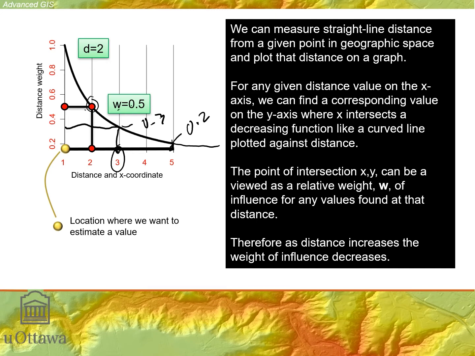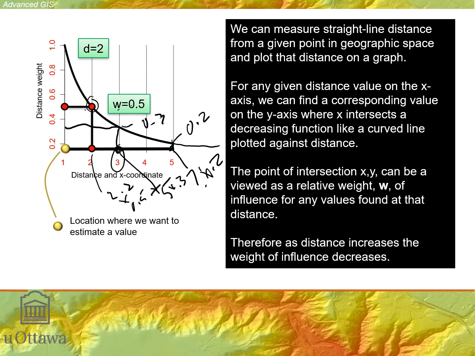0.5. And if we had those three values measured, let's say 2.2, let's say that's 5, and this is 7, well, it would be 7 times 0.2, 5 times 0.3, and 2.2 times 0.5.